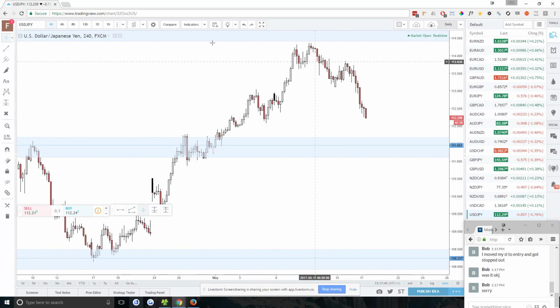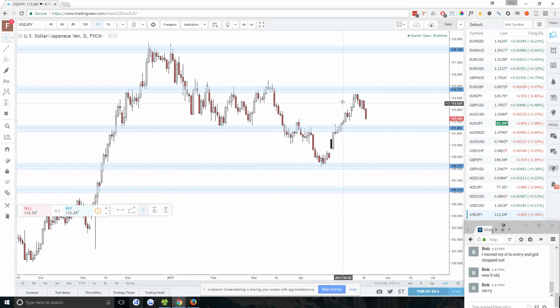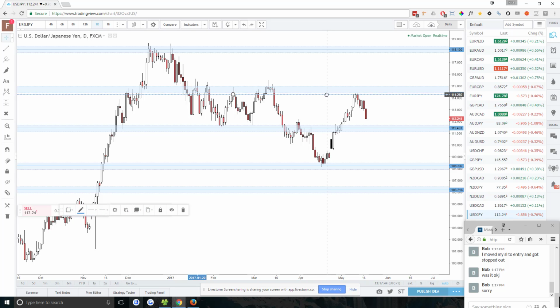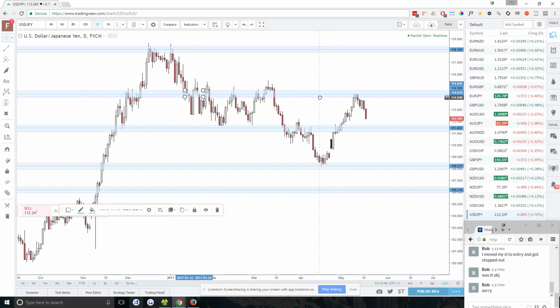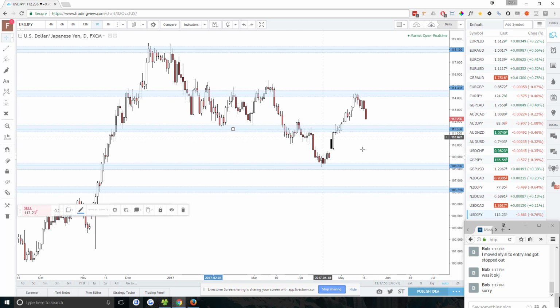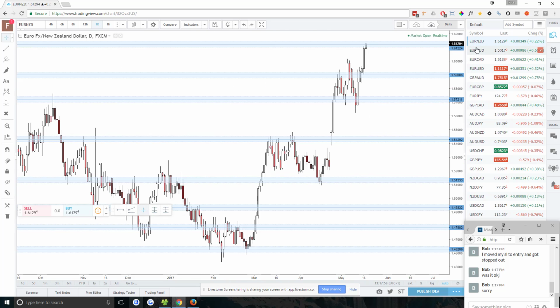Yeah, there's nothing really much happening here either. Just this area down a little bit. Yeah, so that's pretty much it. I wish it was a bit more exciting day, but it really isn't.